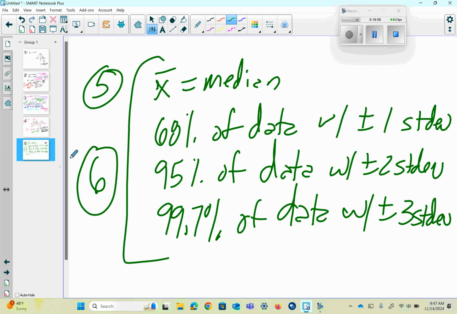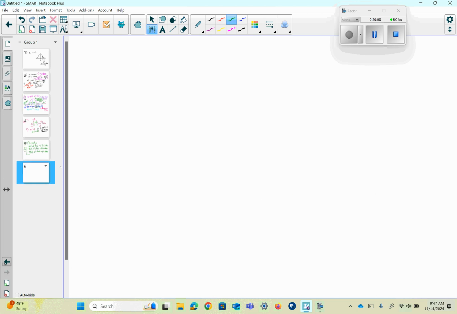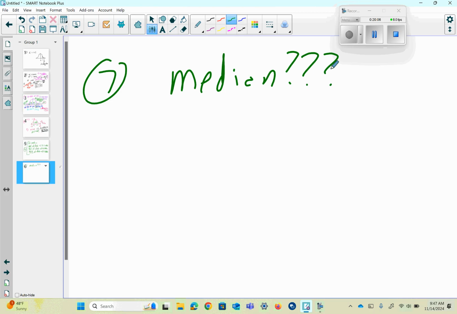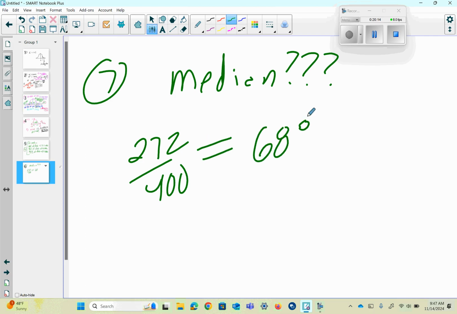So for problem number 7, median, where are you? Okay, now the 272 out of 400, I want this to be equal to 68%, but if I go 272 divided by 400, oh, yes, this does work.